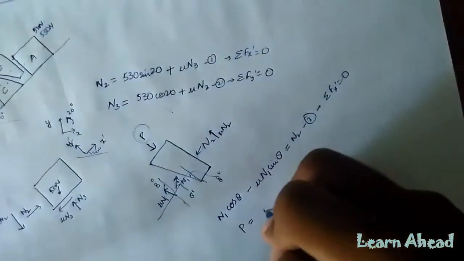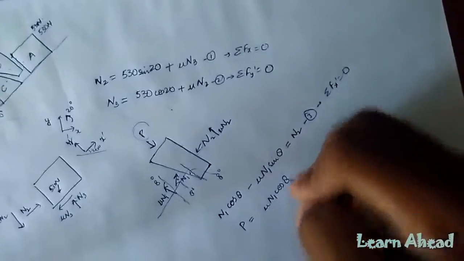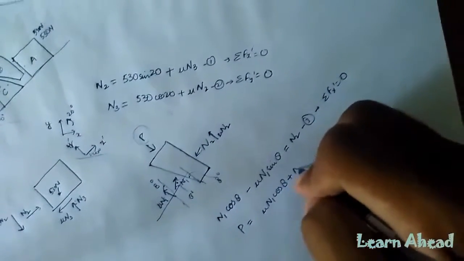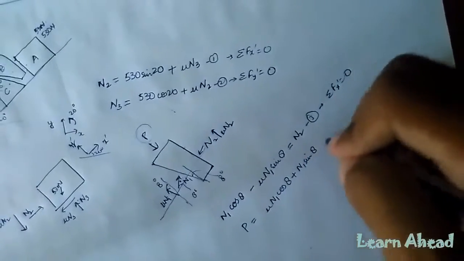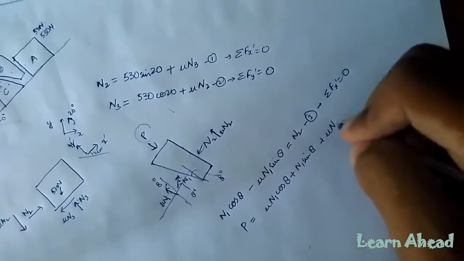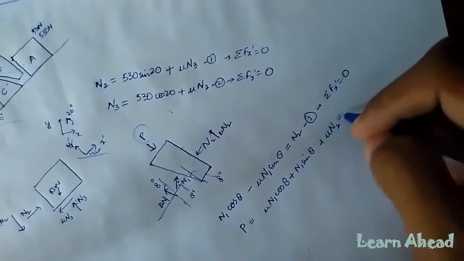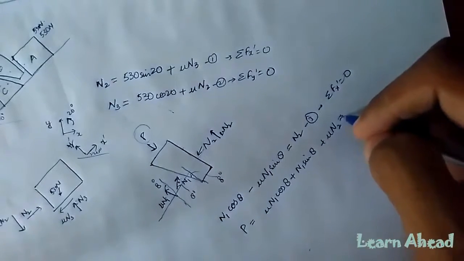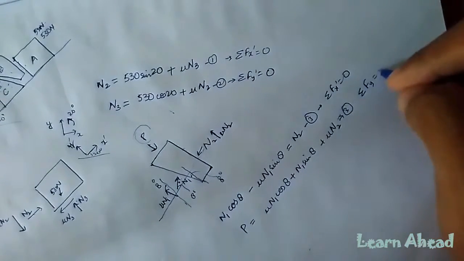So let me see, mu N1 cos 8 plus N1 sin 8, isn't it, plus mu N2, nothing else, because it is just acting on a plane. So this is again my fourth equation, which I have obtained by sigma Fy is 0.